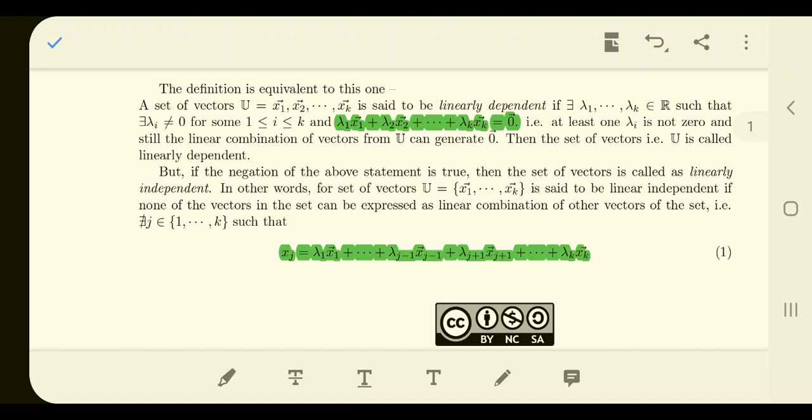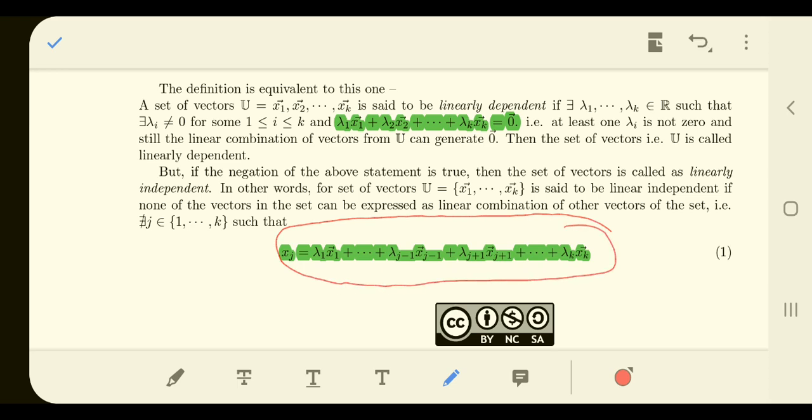In this video, we talked about two definitions of linearly dependent or independent vectors. The first definition says if a vector can be written as a linear combination of other vectors, and another definition says if the linear combination of the set of vectors can generate a zero vector.